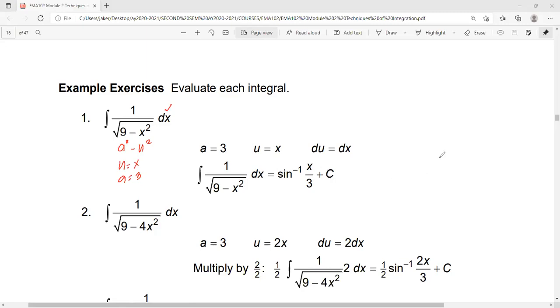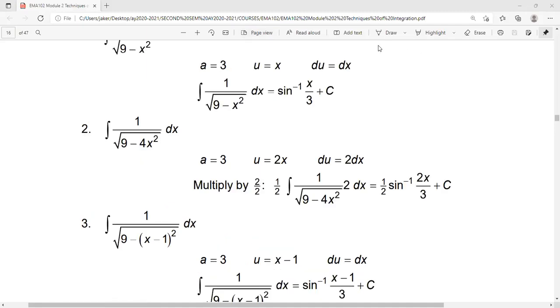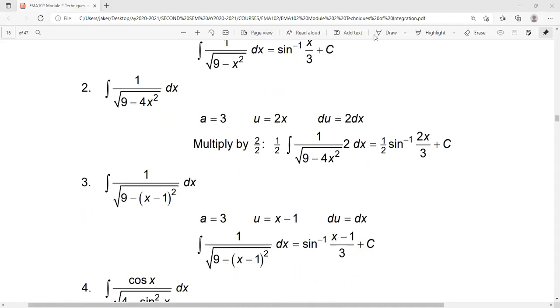What about the second one? So you have a here as 3 and u is 2x. It follows that this should be completed by multiplying it with 2, and we'll place here 1/2 before our integral.